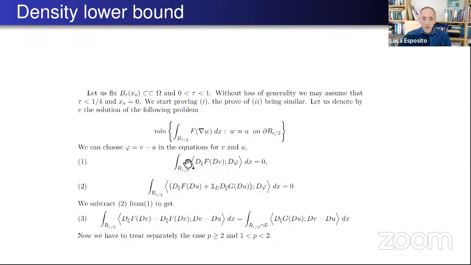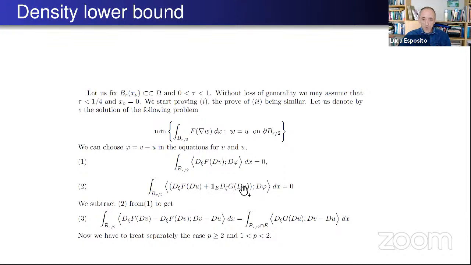For the comparison function you have the divergence of capital F of gradient V equals 0, and here you have the Euler equation for U.